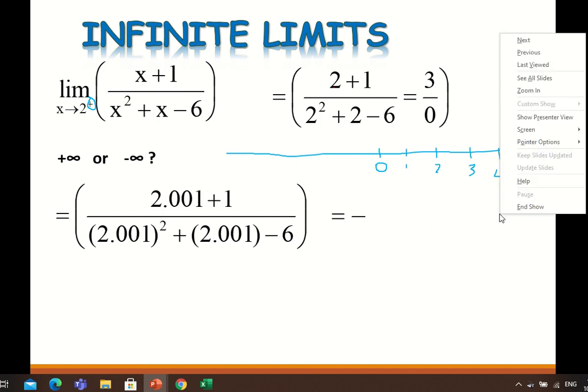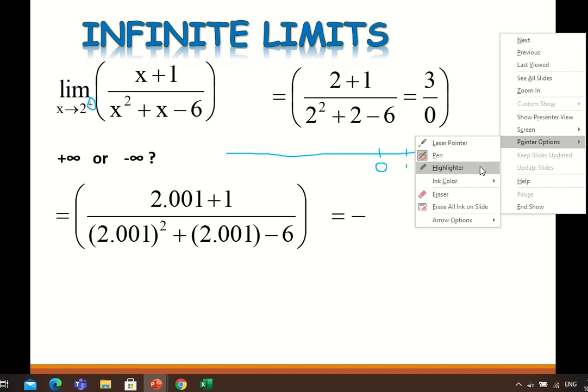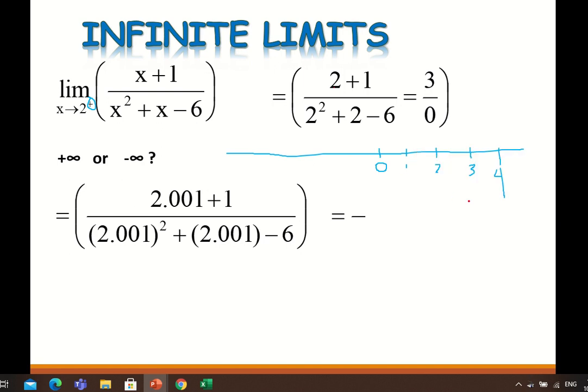So our c means the value that x approaches, which is equal to 2, and we are coming from the right, towards 2.